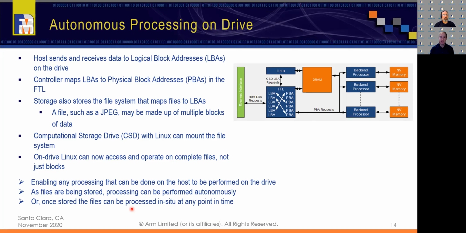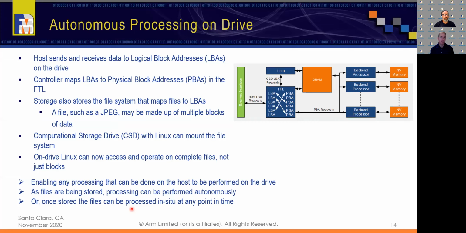So as Neil mentioned, if we now have the ability to have Linux on the drive that can recognize file systems and mount the file system, the drive is now capable of knowing which LBAs comprise a file, and subsequently which physical addresses contain the data for those LBA representations.